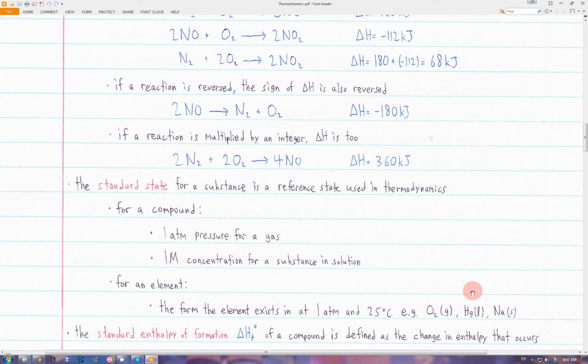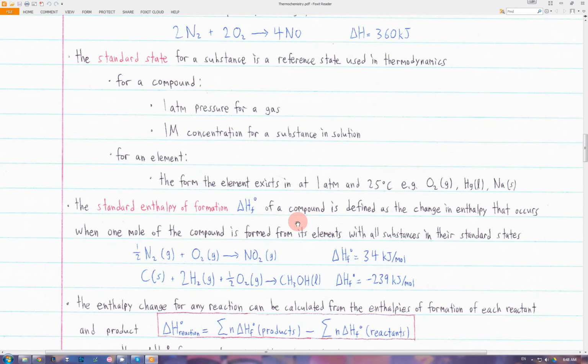Standard state is more about the phase that the substance is in, gas, liquid, or solid, more than a specific temperature. However, for a compound, standard state does mean 1 atm for a gas and 1 molarity for an aqueous substance.